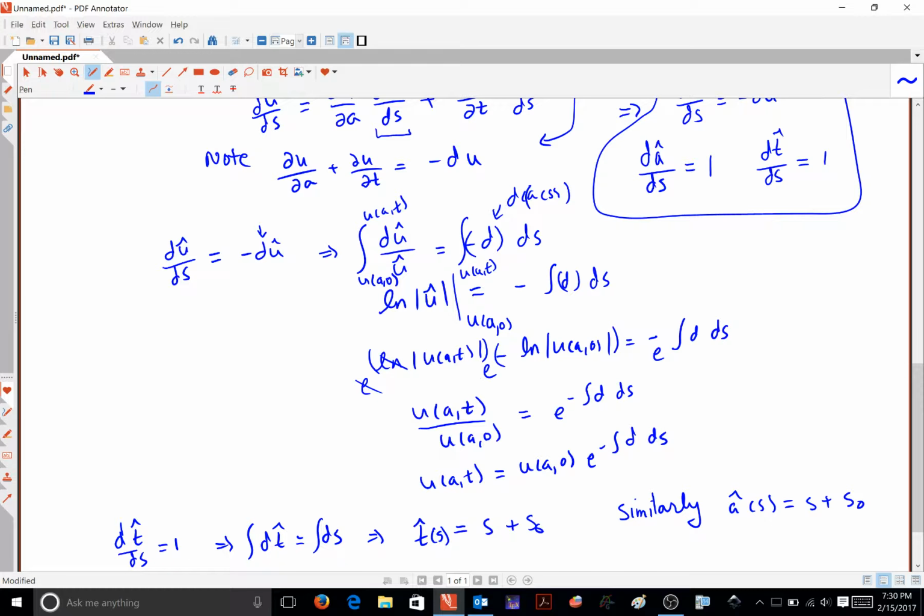So if you go back and look at your Lexis diagram, I'm not going to draw it here. They almost have an entire line for a equals t. If this is your 0, 0 point, this would be your a equals t line.